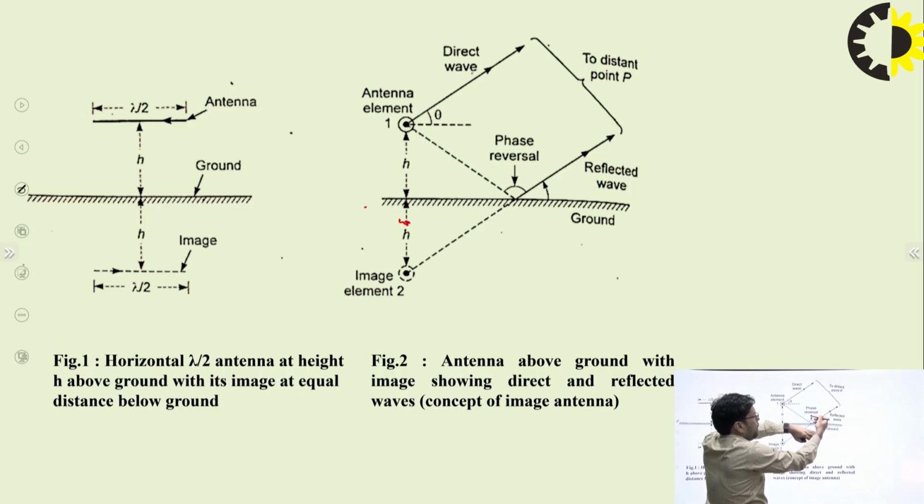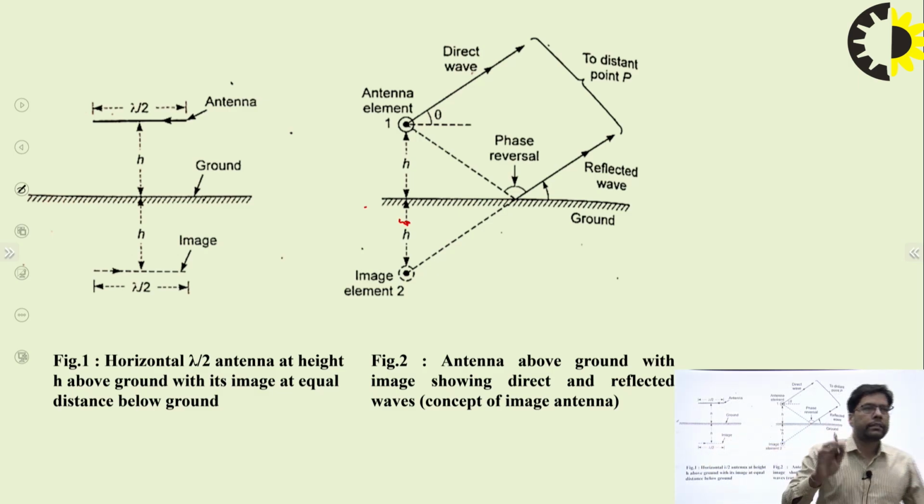There is a possibility to have the reflected wave. So at some distant point P, there could be a direct wave or a reflected wave. If somebody asks what the field intensity at point P should be, you will have two components: a direct component of the electric field and an indirect, that is reflected, component of the electric field.